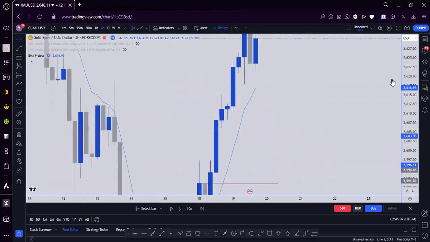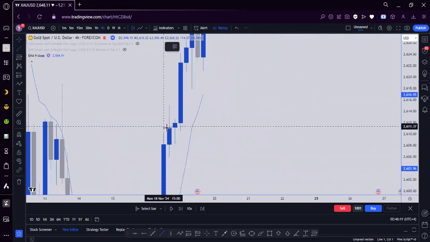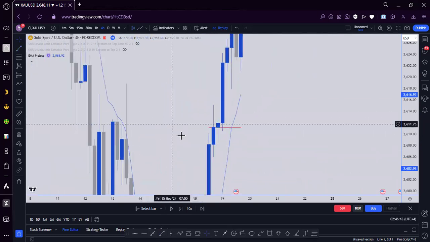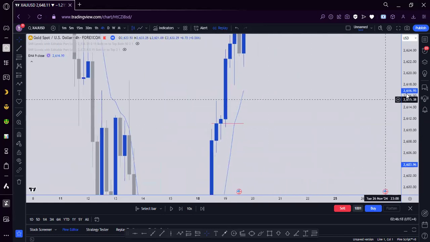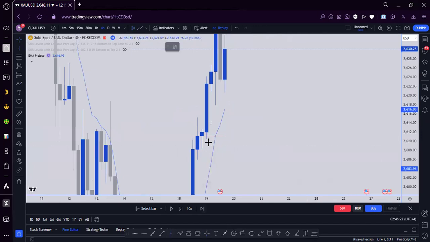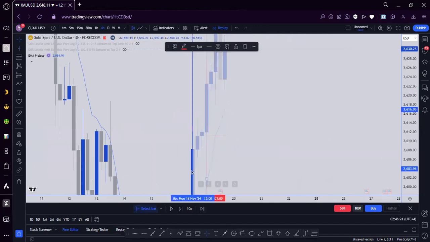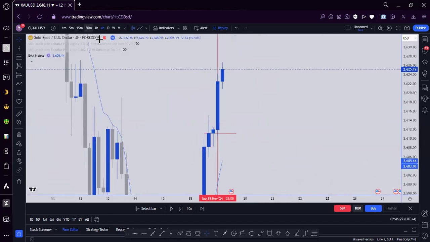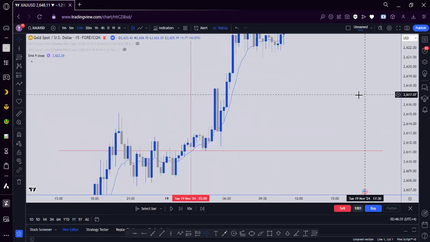All right, where is this? This is a 4-hour reject 4-hour. As you can see, I am taking any 4-hour reject 4-hour for our setups. Let's replay this. Let's check the 15-minute time frame.